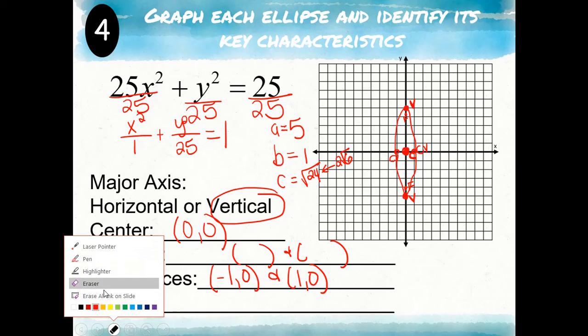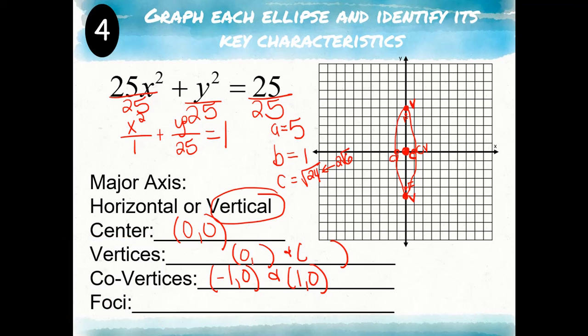Dag nabbit. This should be 0, 5 and 0, -5. Bad, Marsh, bad. Now, my foci ordered pairs, right? It's going to be 0, 2 square roots of 6 and 0, -2 square roots of 6.